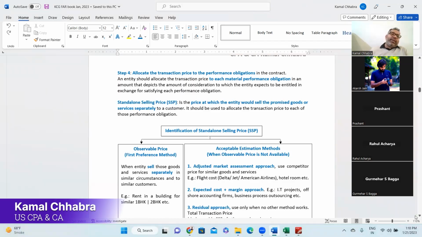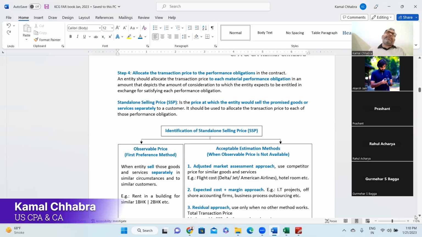Or another example: let's assume you are an airline, like United Airlines, Delta Airlines, or Frontier Airlines. There are so many airlines in the US.